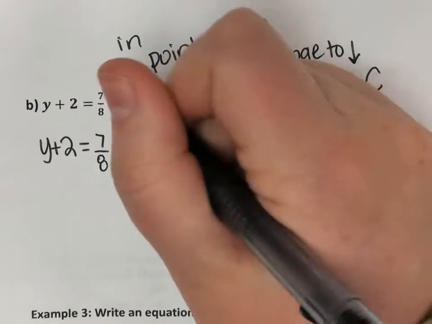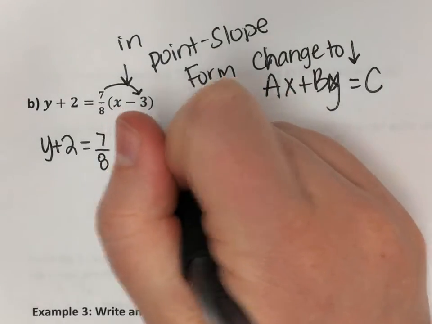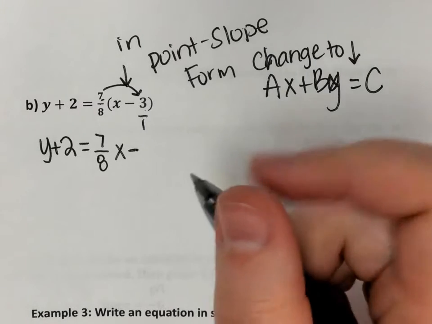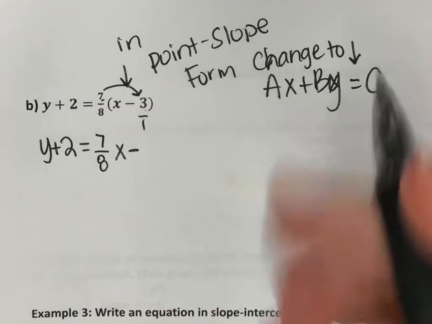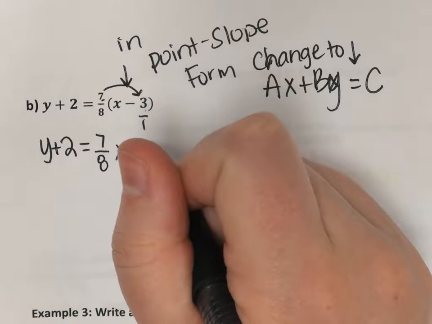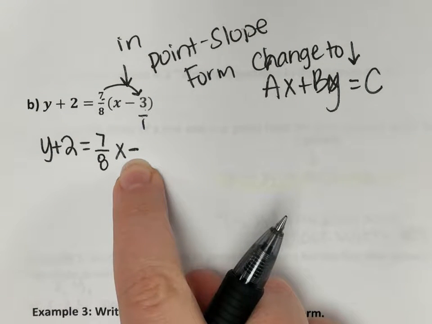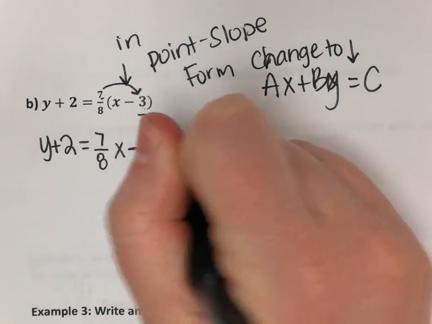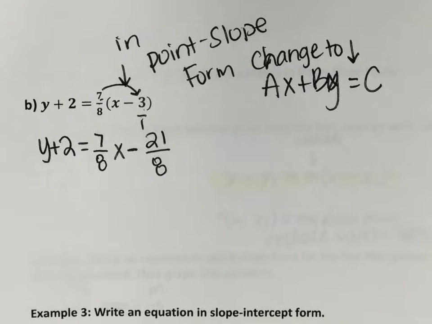Minus 7/8 times 3. Guys, 3 is over 1. We just have to do 7 times 3, which is 21. I know I already put my minus sign. 7 times 3 is 21, and it goes over 8, because 8 times 1 is still 8.